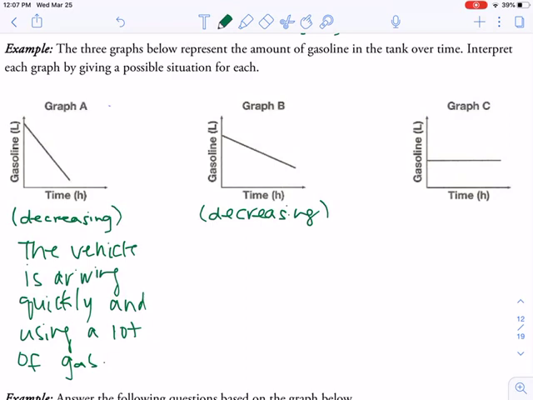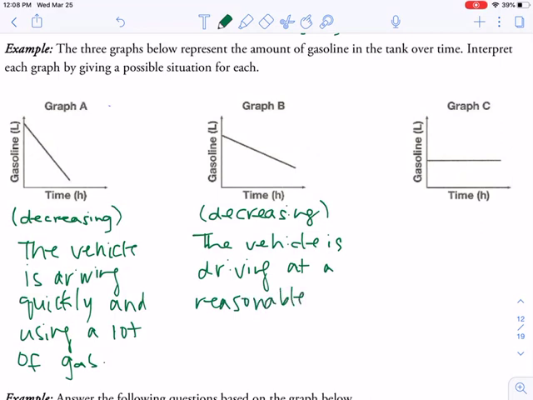Okay, the other scenario here with graph B is we can see that the line is still going down, but not as quickly. So it's possible that the vehicle is driving at a reasonable rate, just a medium speed and using gas at a medium rate.